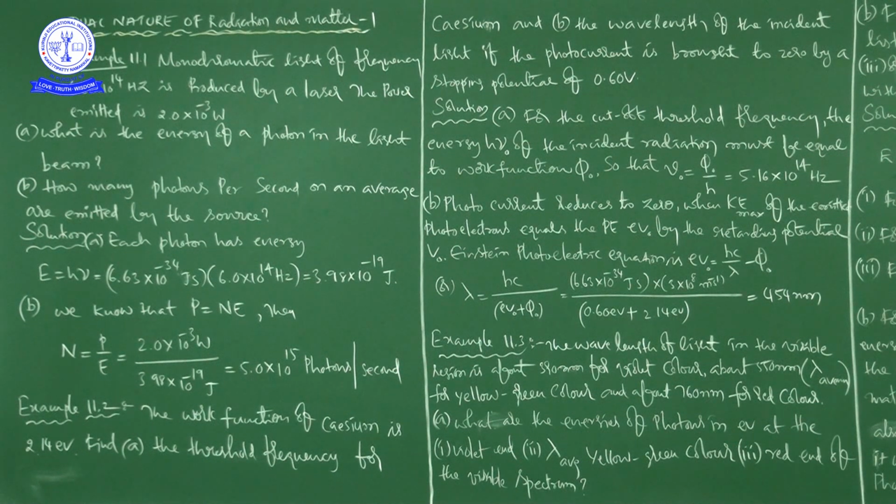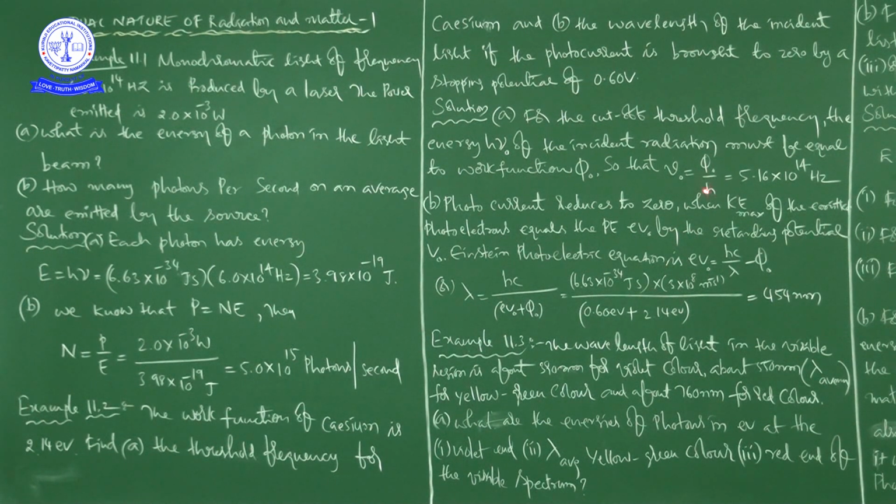Because of less space I didn't write it here. In place of phi naught we are writing 2.14 into 1.6 into 10 to the power of minus 19 joules, and in place of h we are writing 6.63 into 10 to the power of minus 34 joule second.